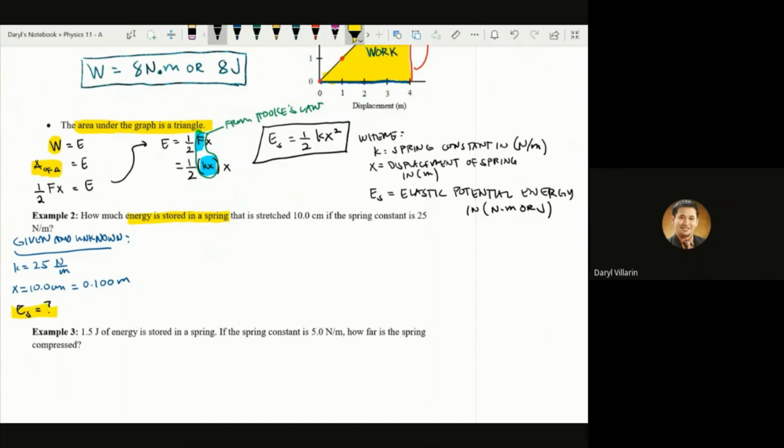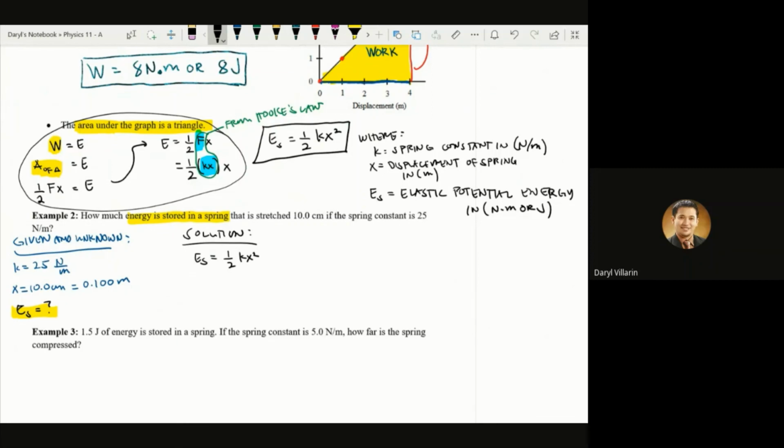Okay, so now for the solution. You just have to use directly, you don't have to show this part here. You just have to go to the final expression for the energy of the spring, because anyway, that's your main question, right? Then 1/2 kx squared.